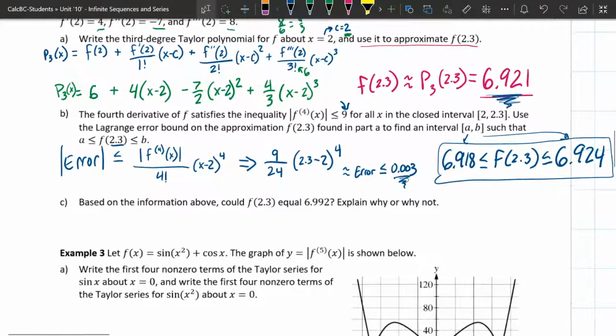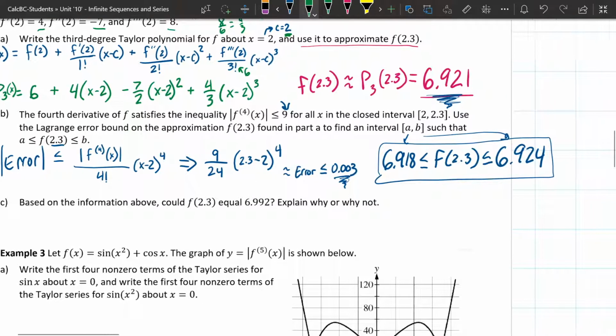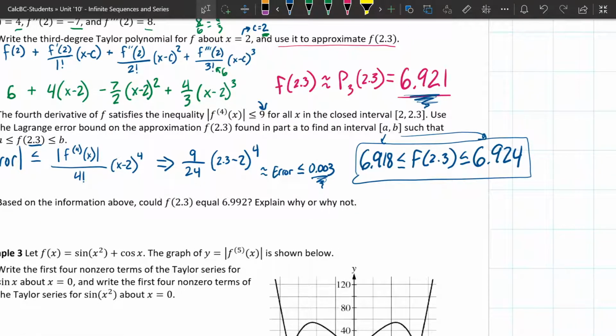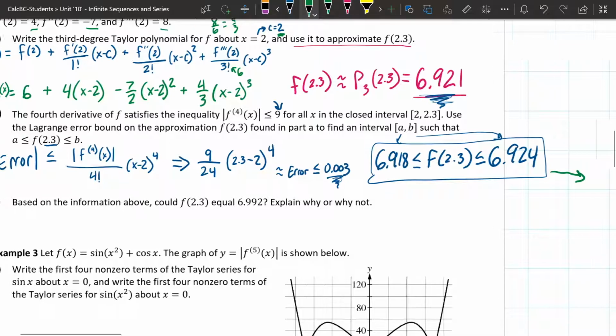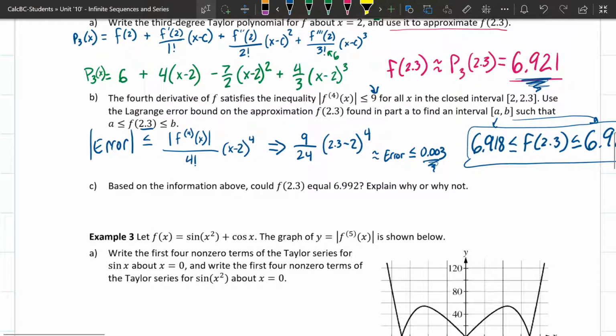Part C, based on the information above, could f of 2.3 equal 6.992? Explain why or why not. So 6.992, is that within that interval? No, 6.992 is going to be above that. Again, like in example number 1.